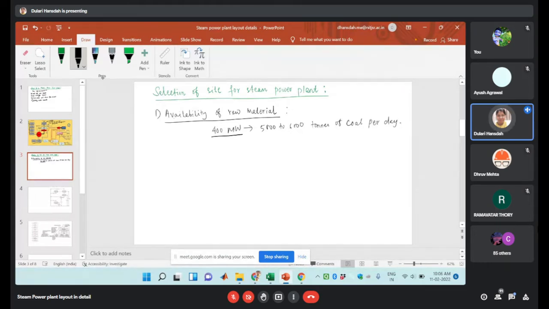Okay, so in that case, the first thing we have to keep in mind is the availability of the raw material. So the plant should be located near the availability of your raw material, or you can say for the benefit of your transportation.